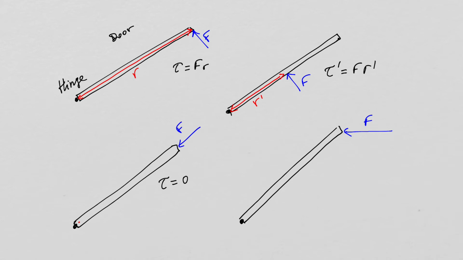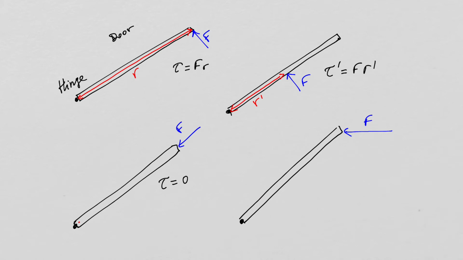The reason is that since the force is angled to the door, part of the force acts parallel to the door and generates no torque, and another part of the force acts perpendicular to the door and generates torque, but that is less than the entire force. So therefore the torque in this case is less.